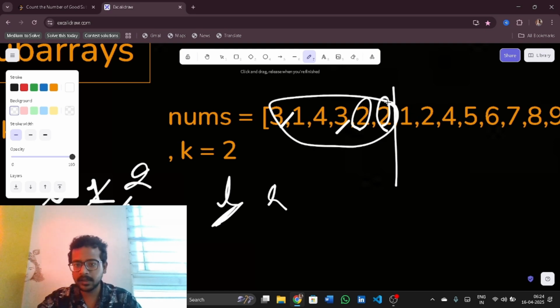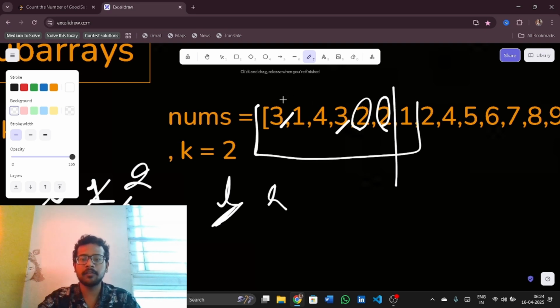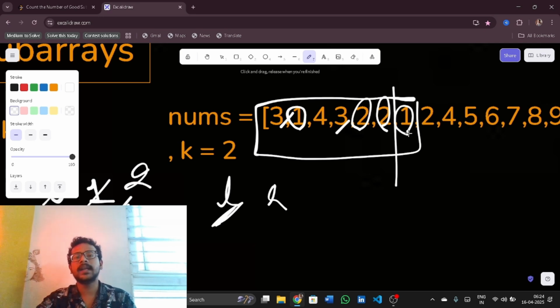This subarray is included, but if we take this, even then I got 1 and 1 as another pair. No matter, it is at least k pairs, right? Here we got 3 pairs, right? No need to worry. Even if we got more than k pairs, we are asked for at least k pairs, so this subarray can also be included.